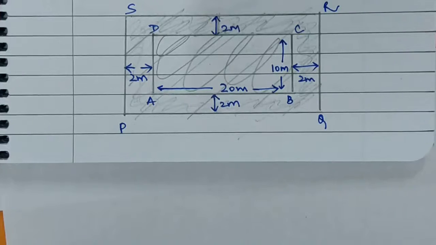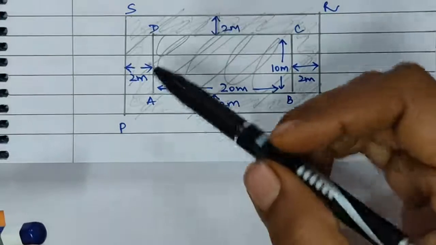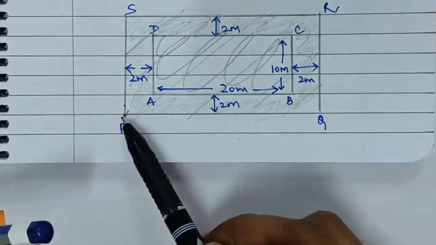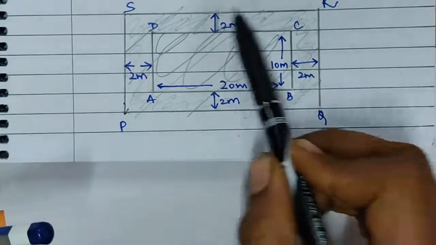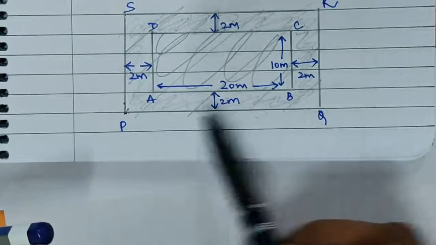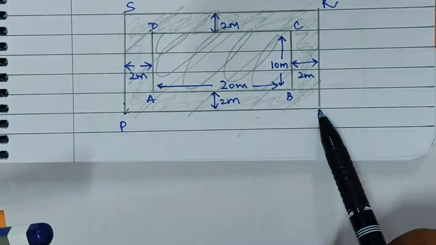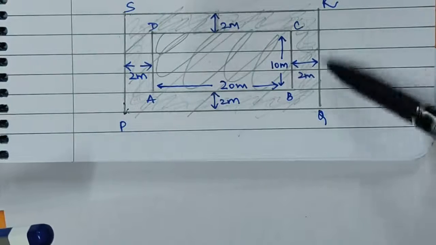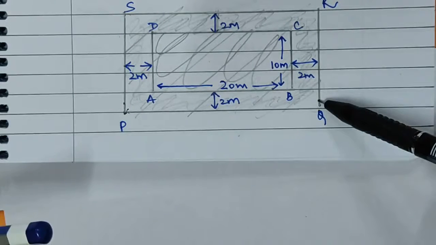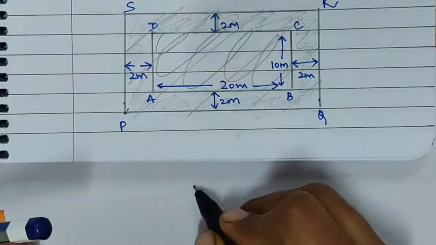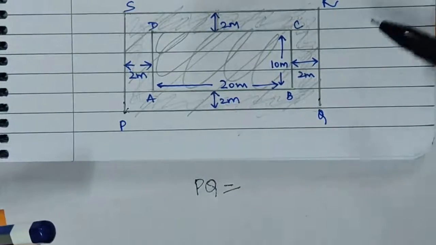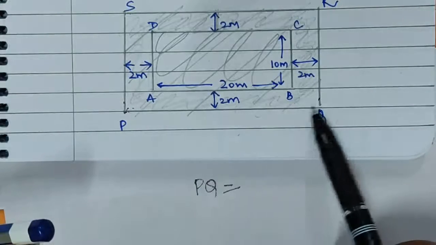So first of all, let us find out the side PS. Because to find the area of this rectangle, we need the sides PQ, that is length, and the side QR, that is breadth.